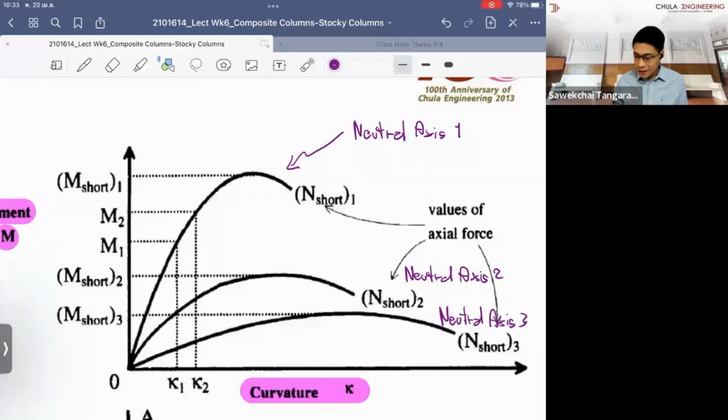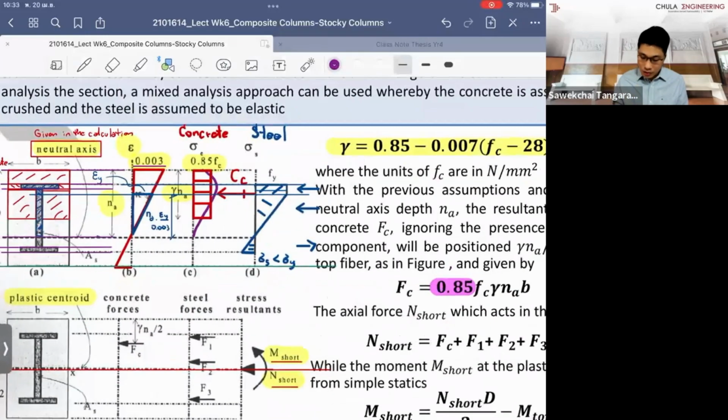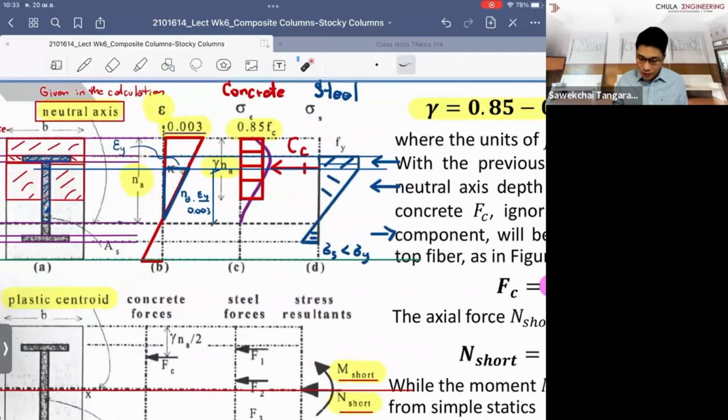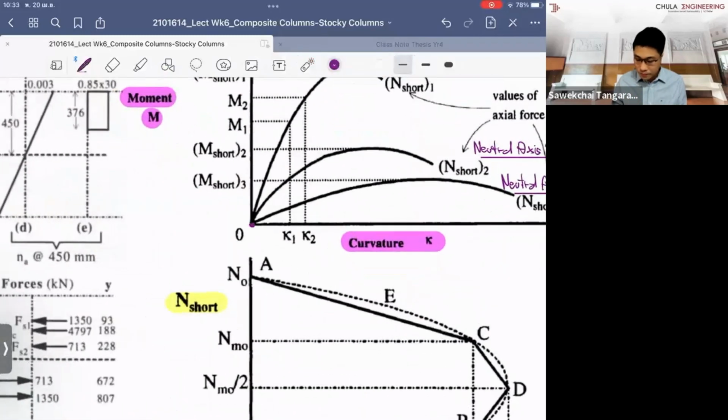For each given neutral axis, we don't change the neutral axis at all. We keep rotating about the neutral axis from 0. When it is from 0, there is no strain in the cross section, so we start from the 0 point in the diagram.